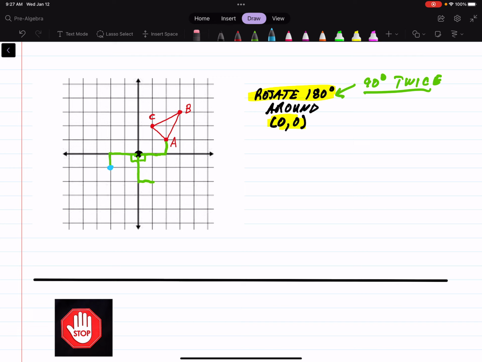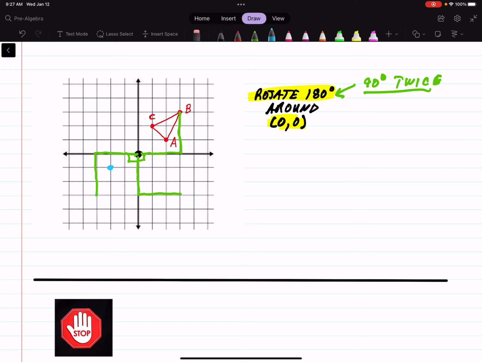Okay, then I can do the same thing. I'll get rid of those. I'll do the same thing with point B. Over 3, up 3, down 3, over 3 is my first 90 degree rotation. My second rotation will be over 3, down 3. There's the second 90 degree rotation.